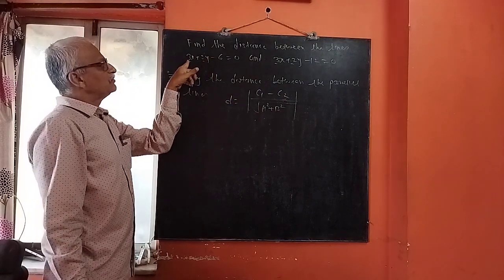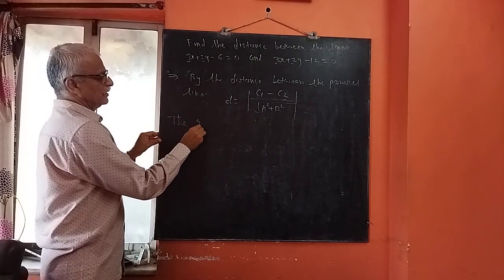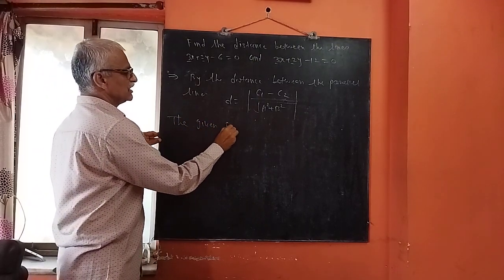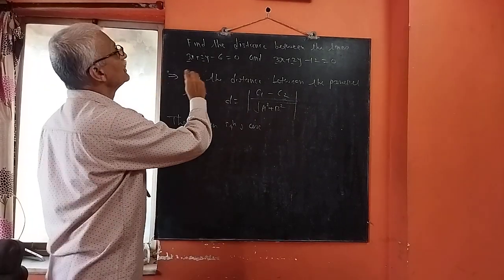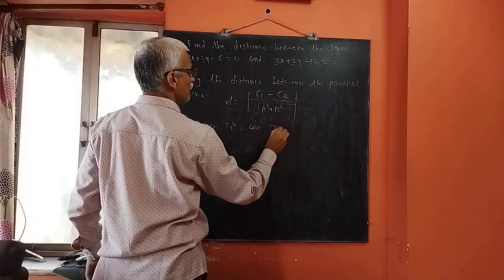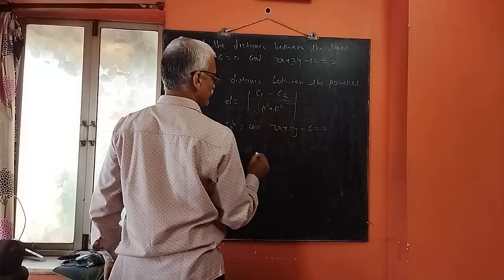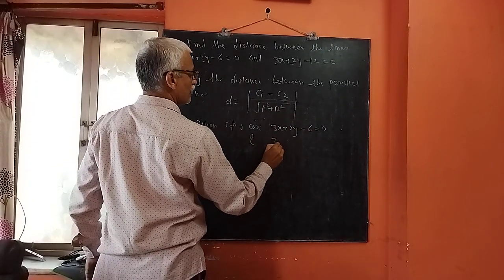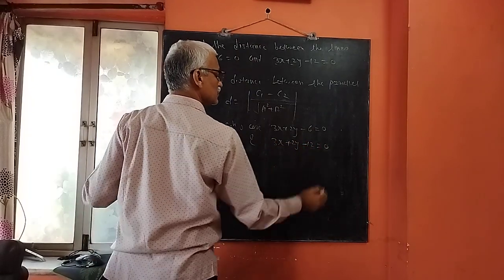Now the given equations of lines are 3x plus 2y minus 6 equals to 0 and 3x plus 2y minus 12 equals to 0.